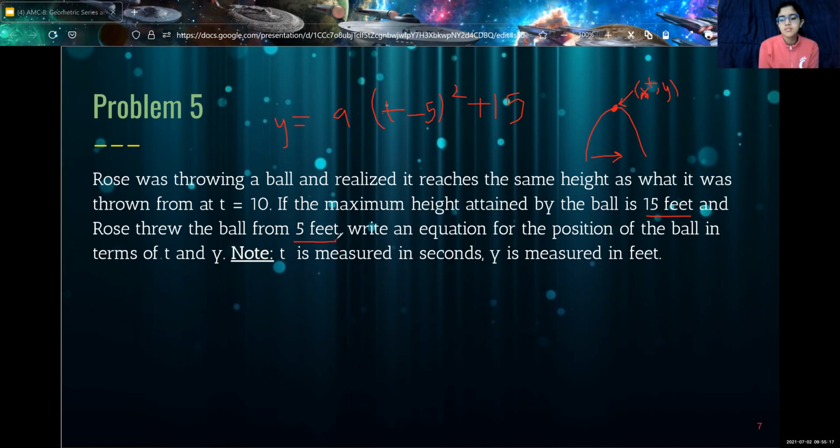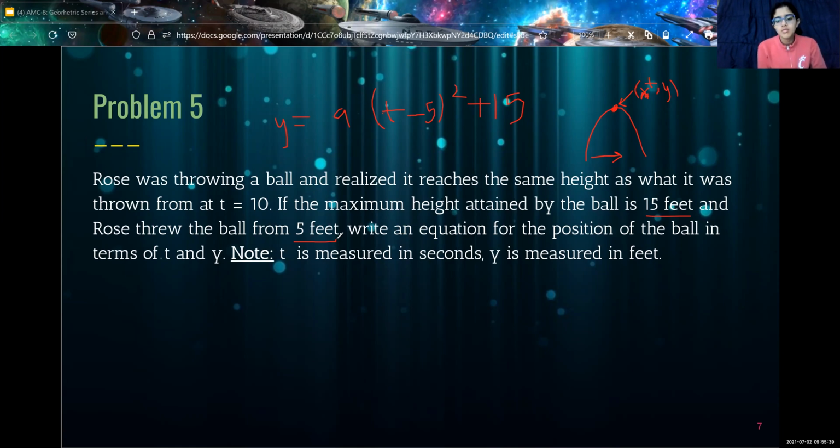And remember, the time that a ball is thrown at would be equal to 0, right? Okay, so I see one answer in the chat. Anybody else care to answer?